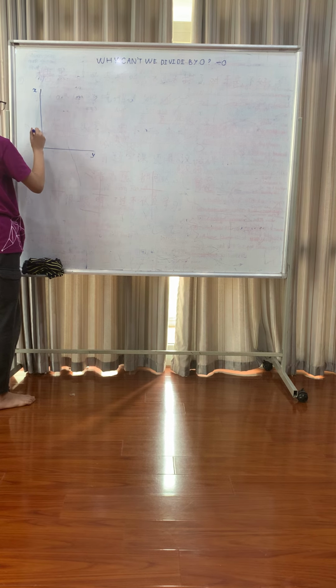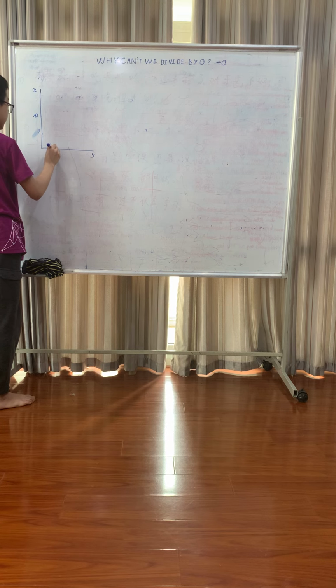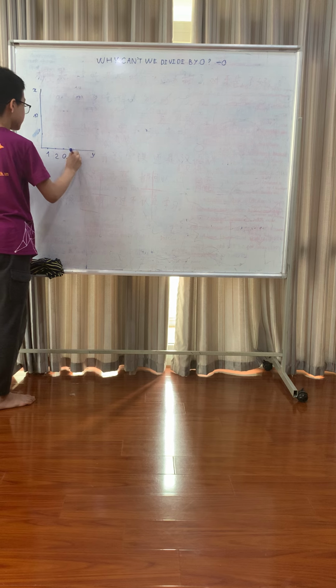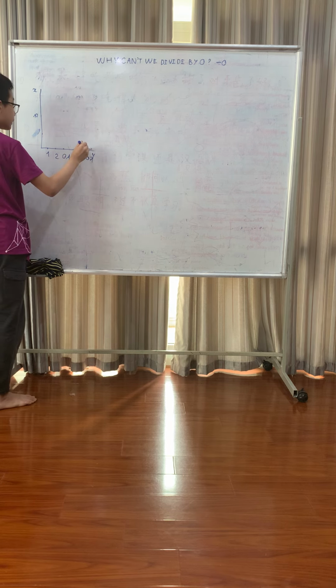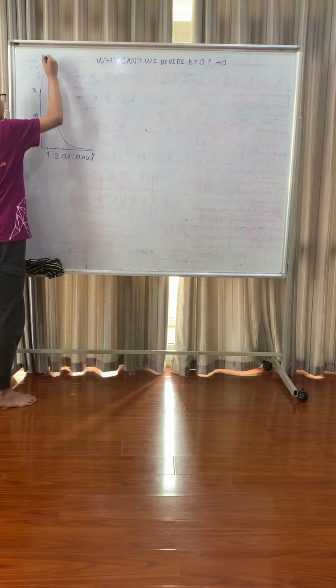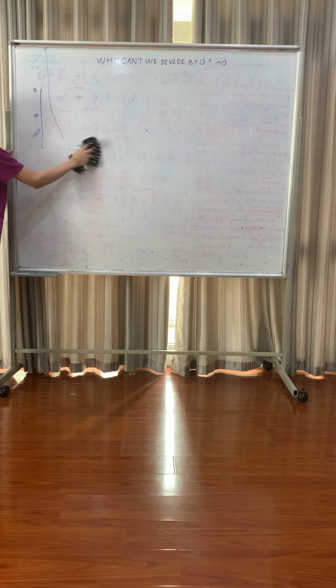When this is 10, the number 10 is here, okay? And if we divide it by 1, 2, 0.1, 0.01, the answer will continue to go up until infinity. Can you understand this chart? I've explained it easily for you.